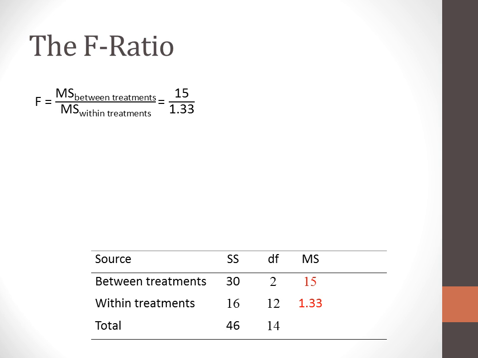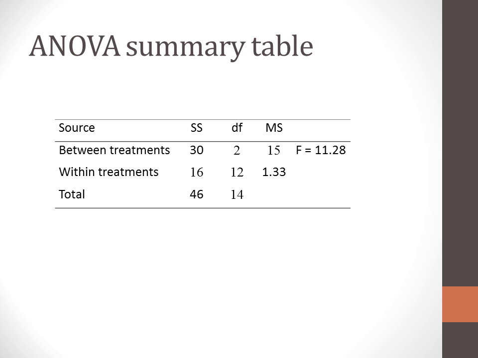So we go ahead and place the values of 15 and 1.33 into the formula, and we solve for F. And we get a value of 11.28 for our F ratio. And we go ahead and place that value into the source table. And there you have the ANOVA summary table.